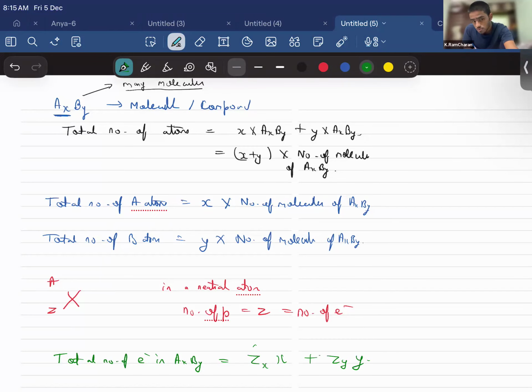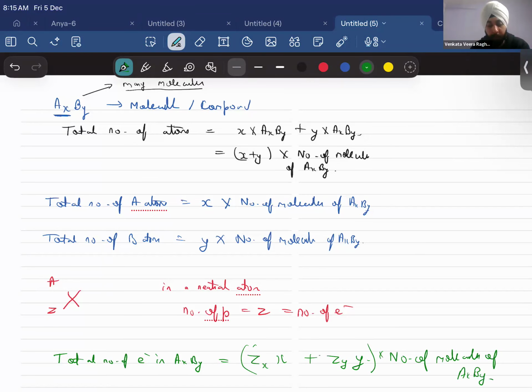Yeah, okay. Then multiply it with the total number of molecules of AXBY. Yes, this is the correct way to find out the number of electrons.